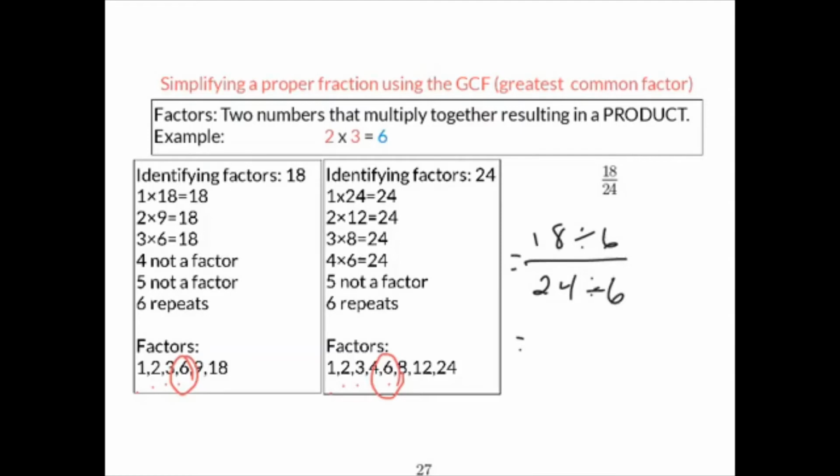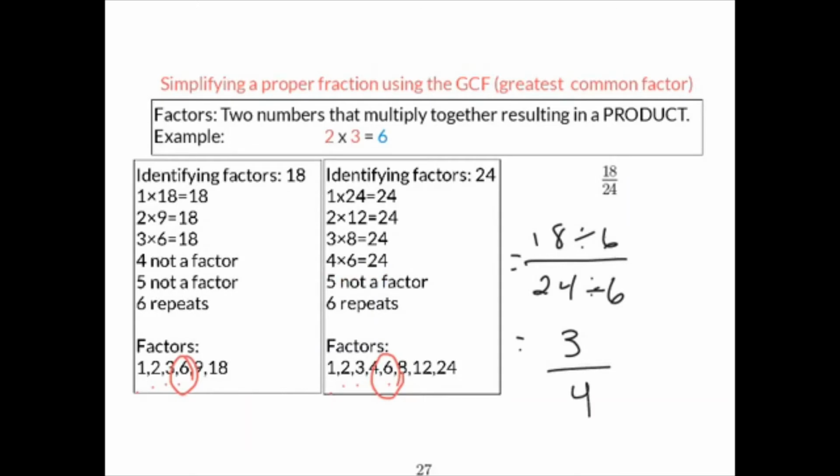So 18 divided by 6 would equal 3. So that's going to be 3. And similarly, 24 divided by 6 would equal 4. So our denominator will be 4.